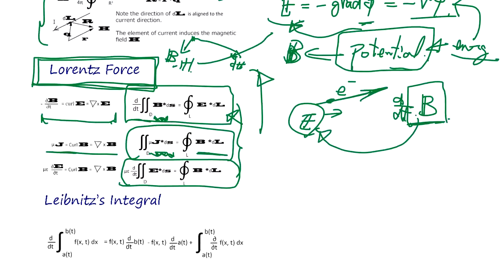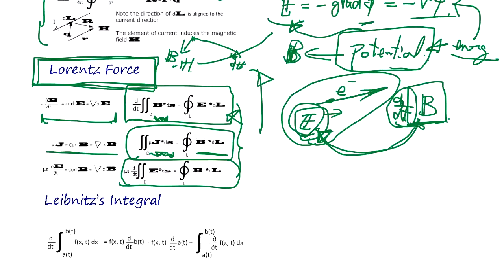This is basically interaction between electron and magnetic field, and this interaction is called Lorentz force. So Lorentz force is nothing but Coulomb's force, but this Coulomb's electric field is generated by magnetic field change d over dt.